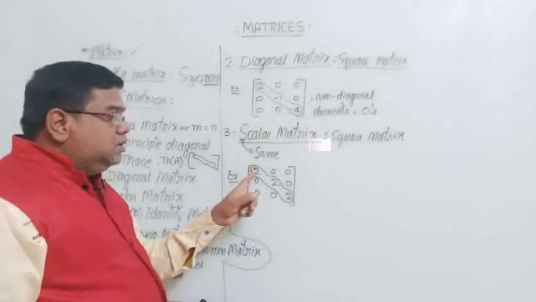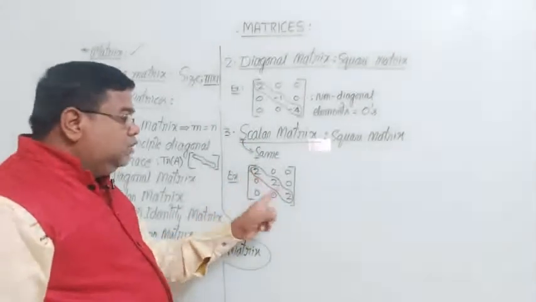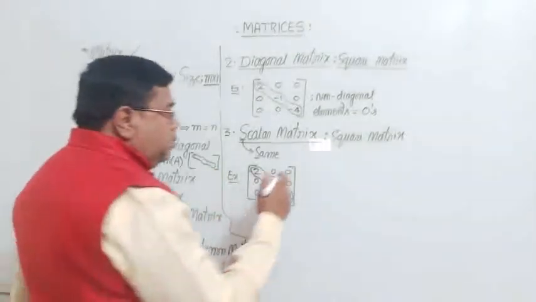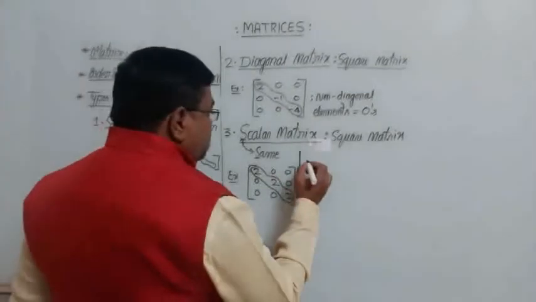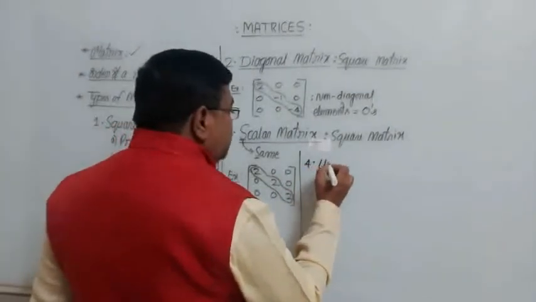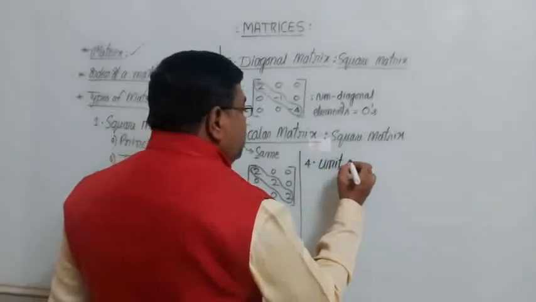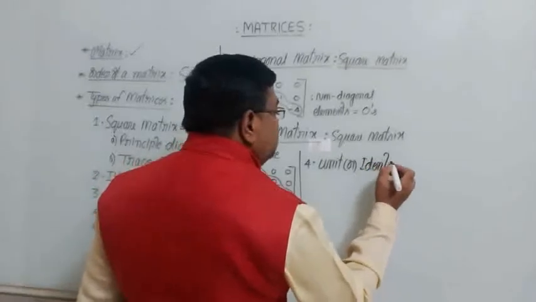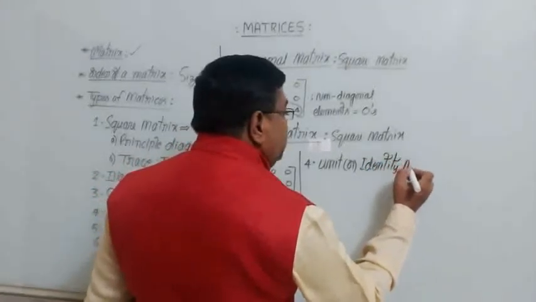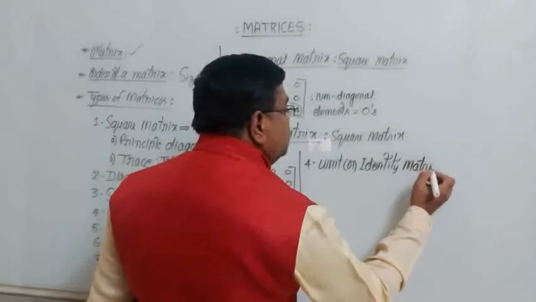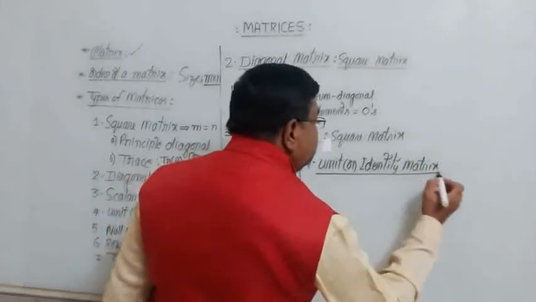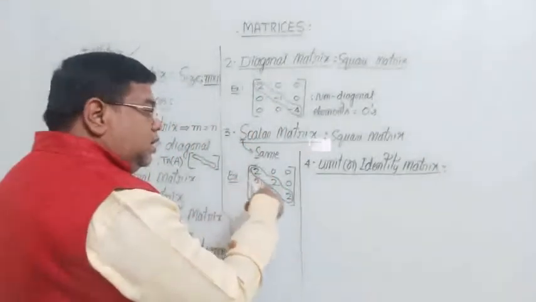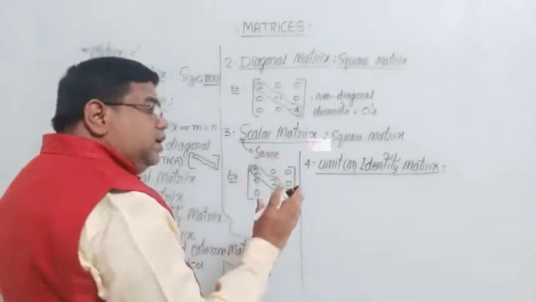Clear? But if the principal diagonal elements are only ones, it is called the unit or identity matrix. So see here what is meant by unit identity matrix. If the principal diagonal elements are only ones, it is also a diagonal matrix.